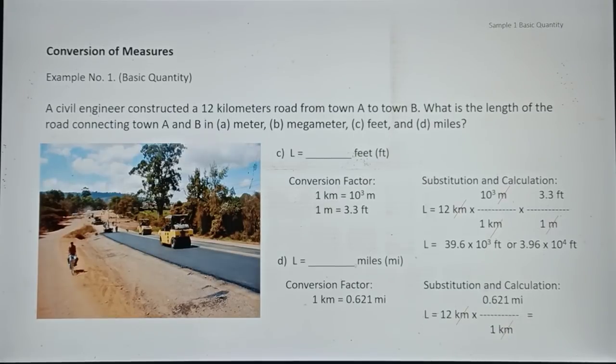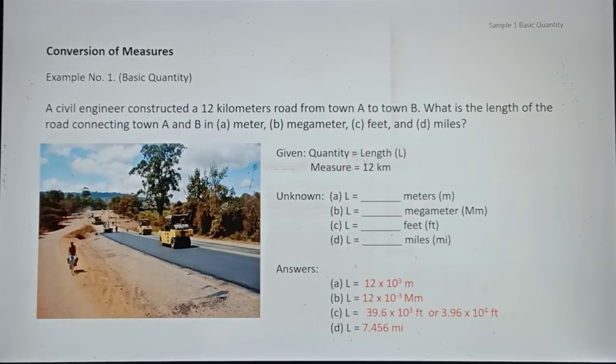This ratio is equal to 1, thus the value remains the same. Kilometer divided by kilometer is 1, thus cancels each other. So when the calculation is done, the result is 7.456 miles. Okay? Don't forget to write your final answers based on what are required in the problem.